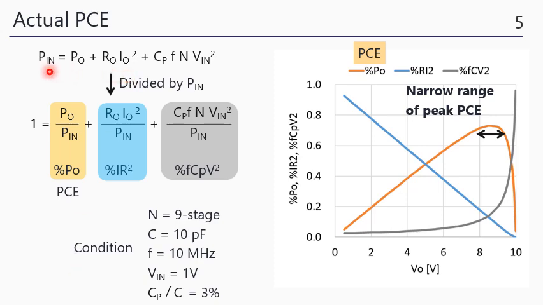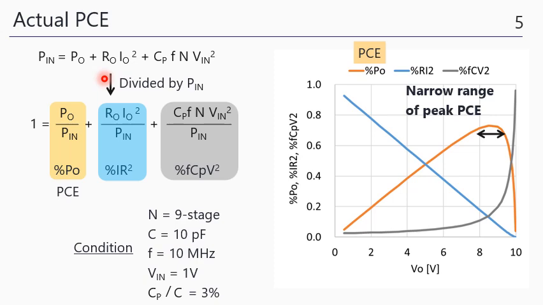So now we have the equation. The total input power is composed of output power and intrinsic power loss and conduction loss and switching loss, like this.